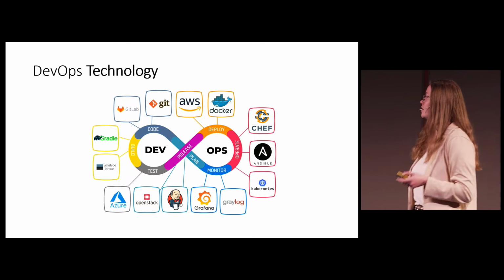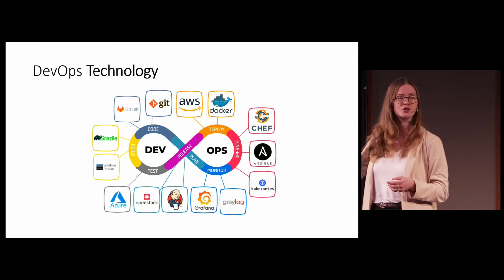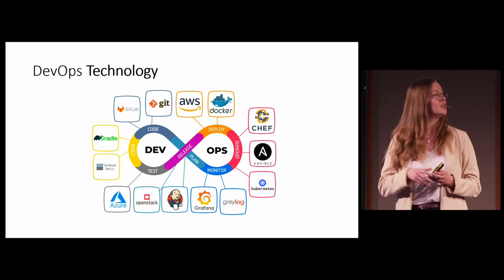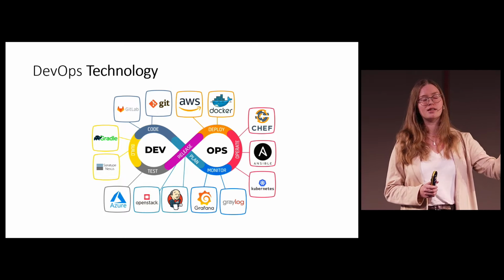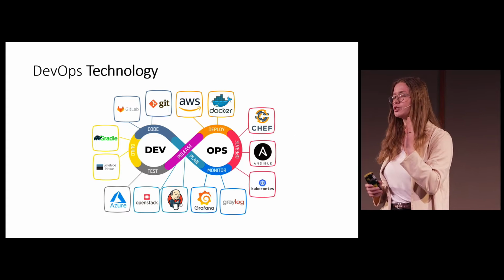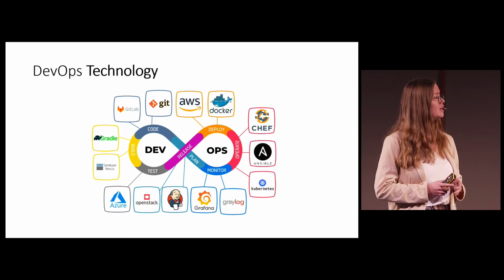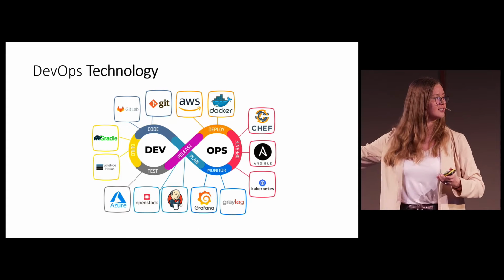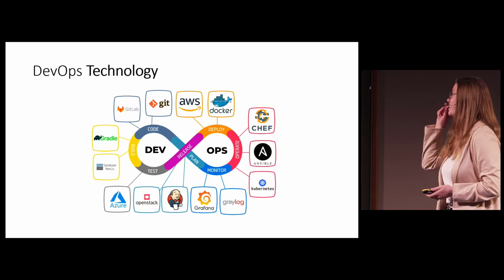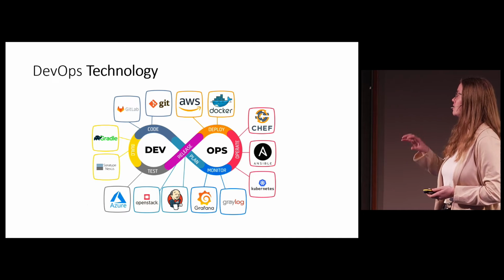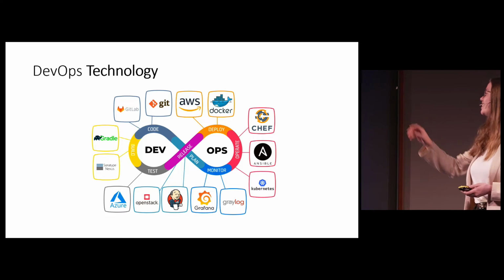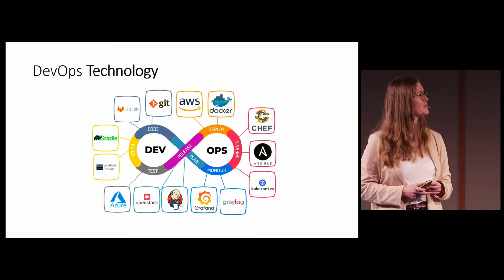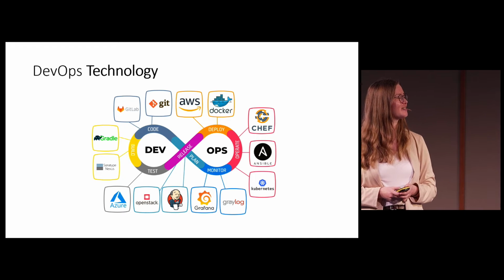This is a very common loop to show when talking about DevOps, because the point is to have a continuous integration between the two sides. On the right, you have the dev section, the developers who do the testing, the building, the coding, in opposite order.